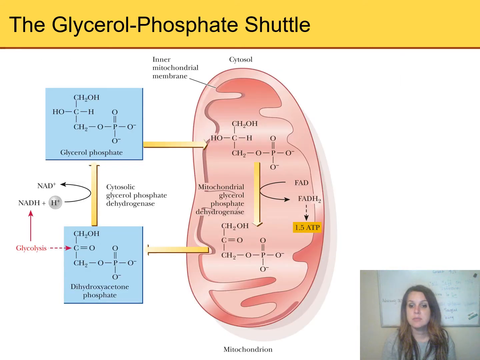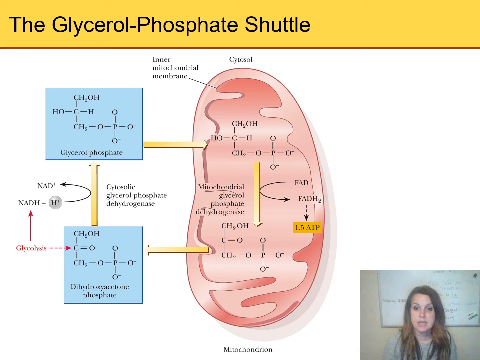So we know that we can make DHAP in glycolysis, and we also know that glycolysis produces NADH. The problem is NADH cannot be transported into the mitochondria in order to donate to the electron transport chain. So instead, NADH donates electrons to DHAP to make glycerol phosphate.